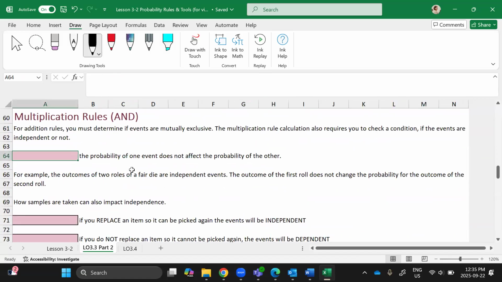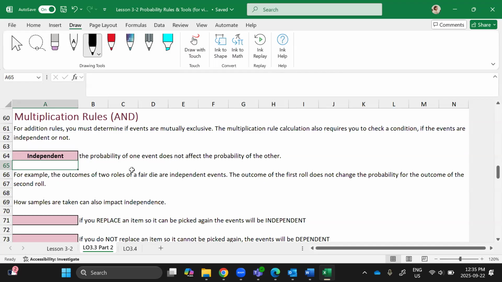The multiplication rules have a similar idea where multiplication rules will depend on if your events are independent or if they are dependent. So just like mutually exclusive influence the formula, for multiplication rules, independent or dependent will influence the formula used. So independent means the probability of one event does not impact the other.